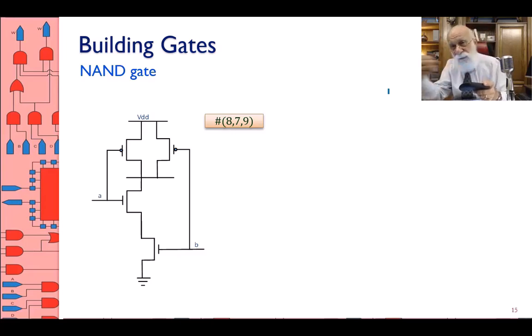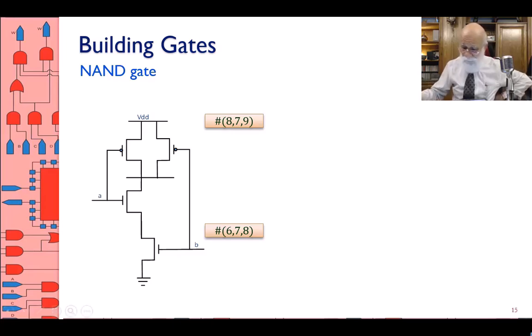So we went into good depth understanding that, and then from this point on, we only focus on this structure. So let's talk about this NAND gate here, and let's say that the upper transistors have 8, 9, and 8, 7, and 9 delay. We have already discussed it.